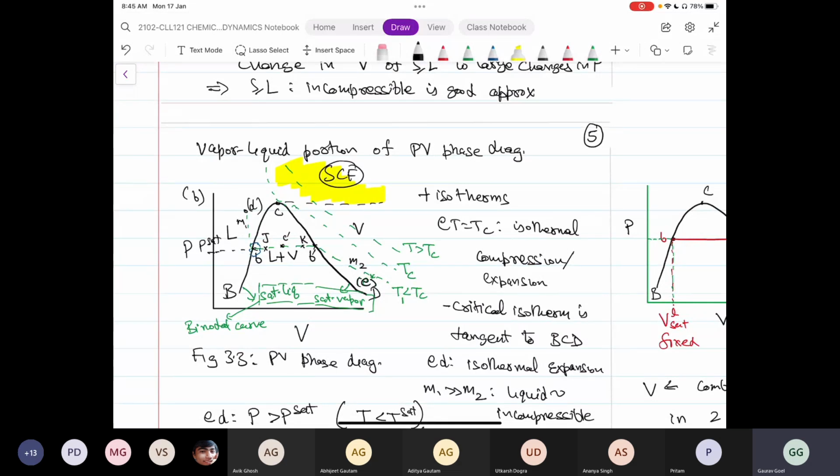Temperature is T1. So now the system, I will say that saturation when pressure is equal to Psat. Okay, that's what this PV diagram or PT diagram is showing. That if I'm taking a particular temperature T1, the system will reach saturation. So in this case, I started at point D. I started to decrease pressure, and when the pressure was equal to Psat, that's when I reached saturation. Okay.